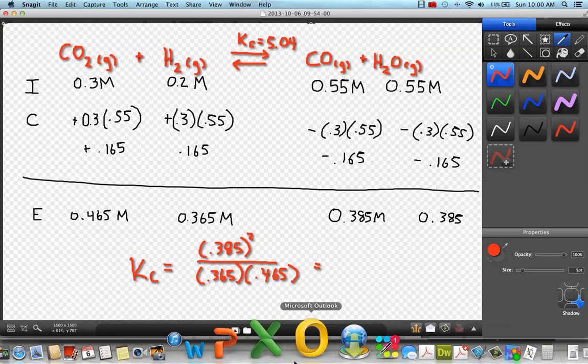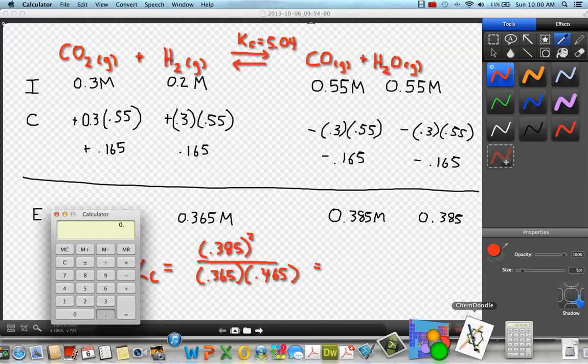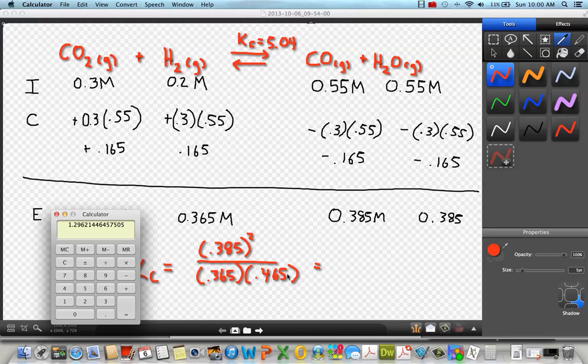Now, of course, we have a plug and chug again. And we expect our Kc to decrease, and we are not disappointed.